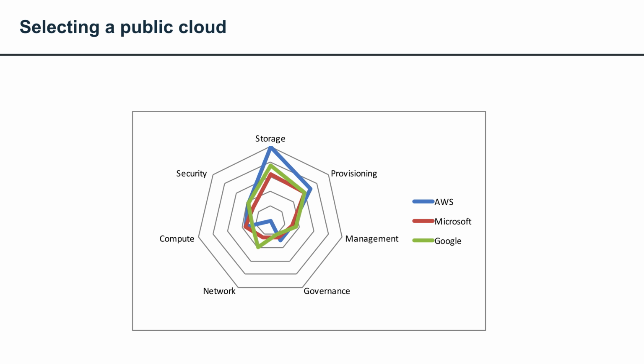By doing this, we can have a visual impact in terms of which ones are going to be aligned better to the particular use cases and requirements we're going to leverage for the public cloud. And by doing so, chances are we're going to remove the risk of picking the wrong public cloud, or the wrong public clouds in the case of a multi-cloud environment.